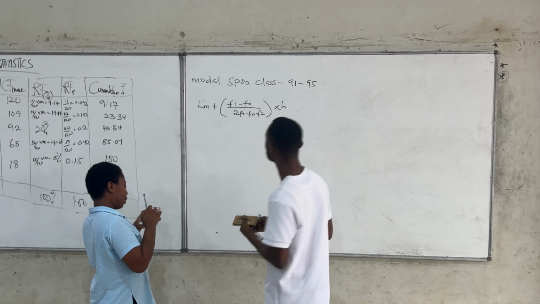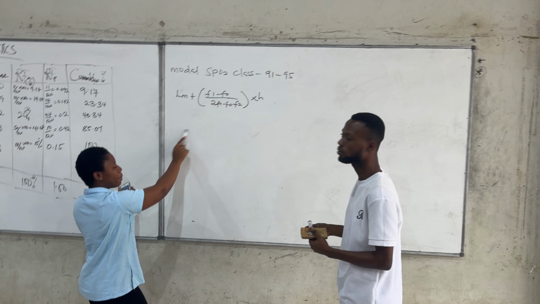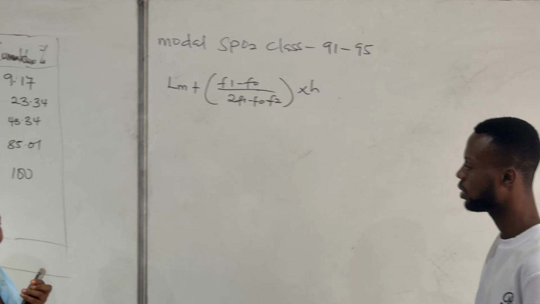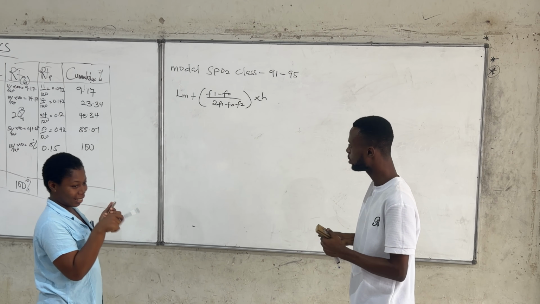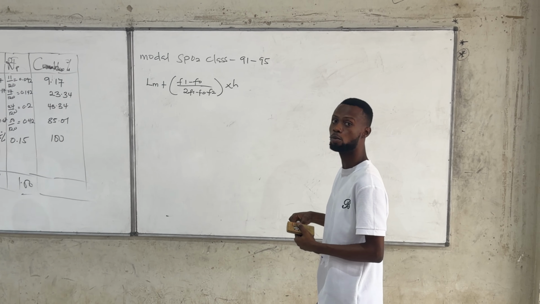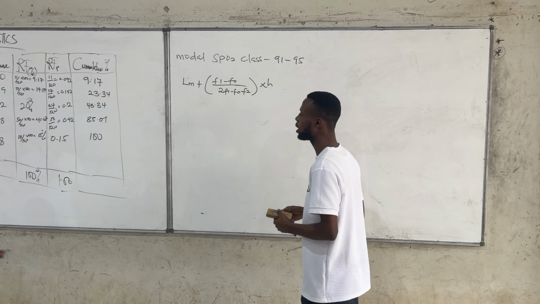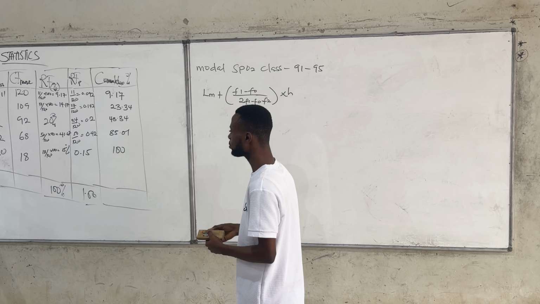This is the formula for calculating the mode in grouped data, where LM means lower boundary of the modal class. The modal class. So this is the lower boundary of the modal class.